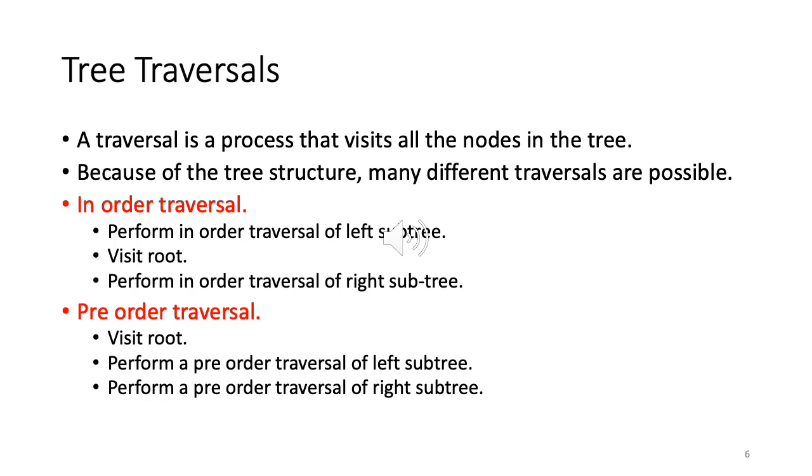All these three traversals are recursive, because whatever steps you follow for the original tree, the same steps you will follow for the resulting left subtree and right subtree, recursively. Initially you do these three steps on the initial tree, and this leads to performing the same three steps on the left subtree, the same three steps on the right subtree, and it continues so on and so forth till you reach the leaf nodes.